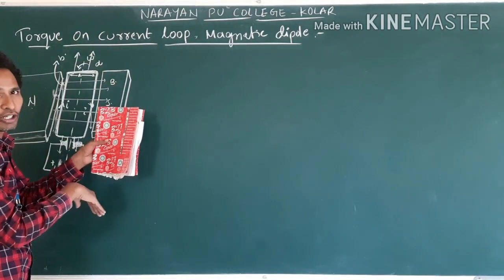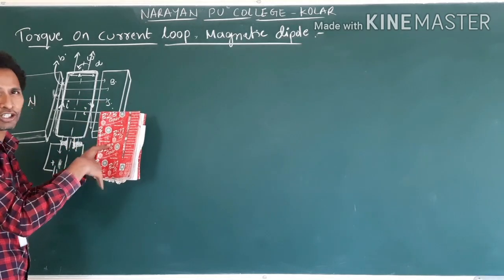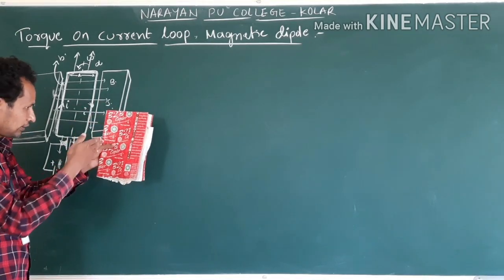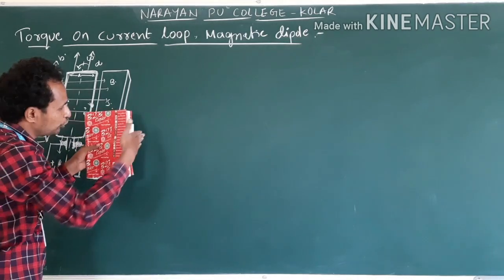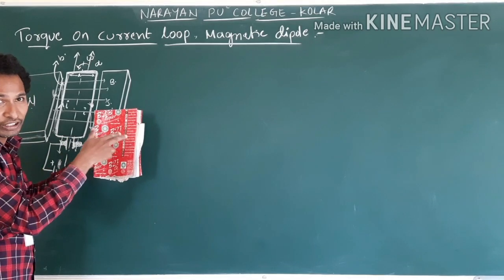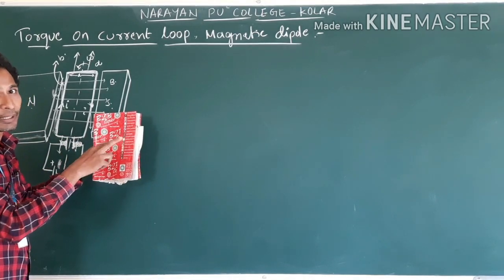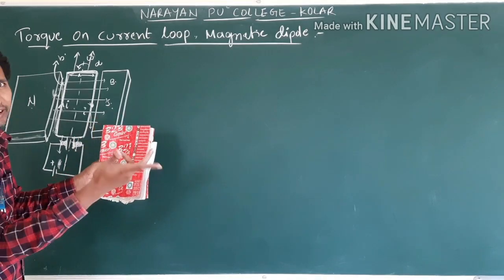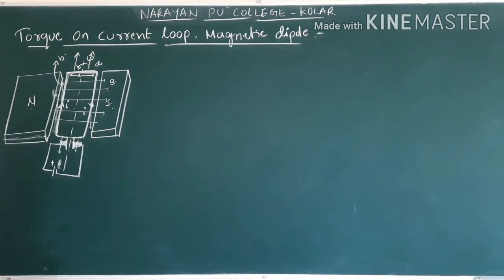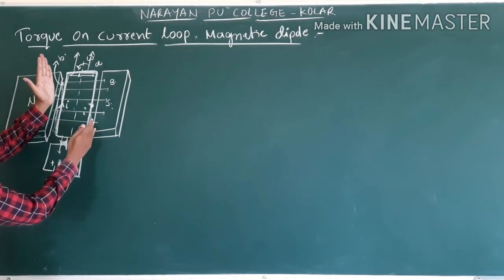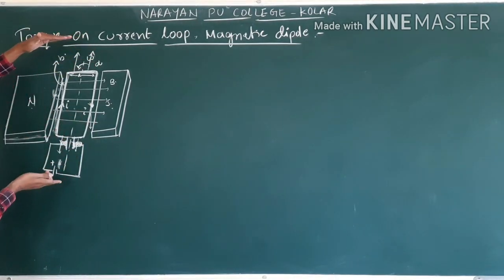This acts up, this acts down, so the net force is 0 and this will not develop any torque. But along these conductors, the force acts into the board on one and out of the board on the other. Two forces equal in magnitude but acting at different positions develop a torque.